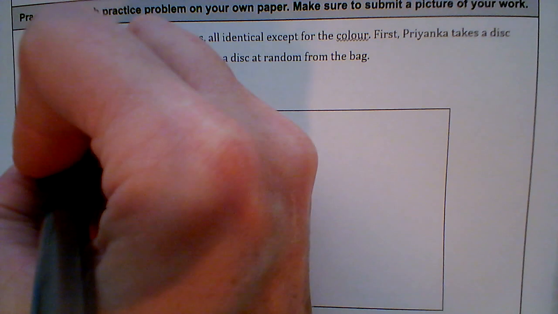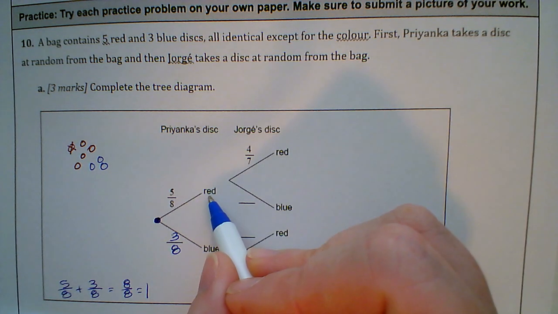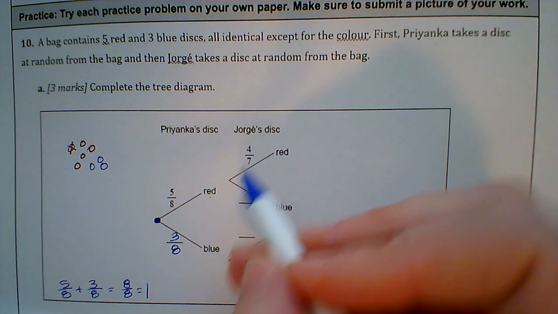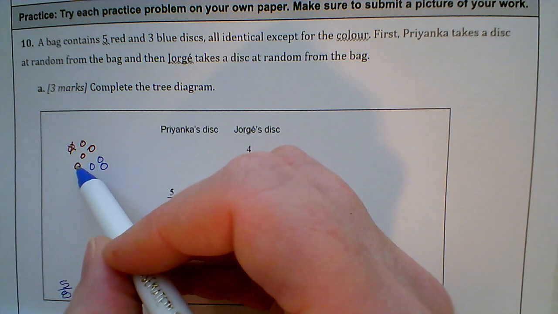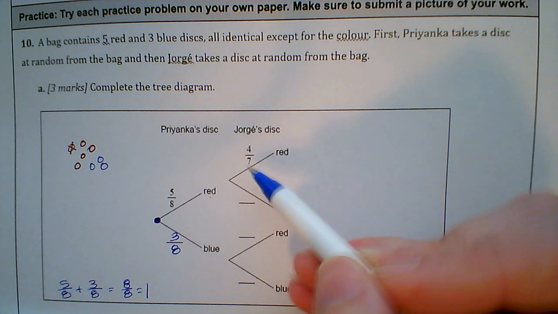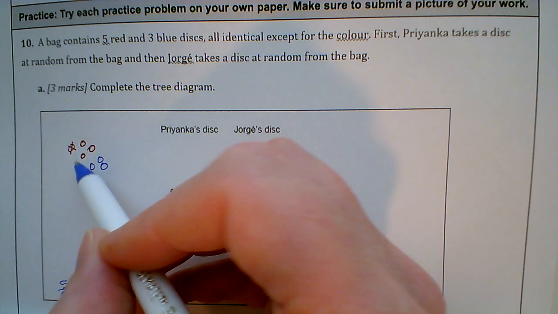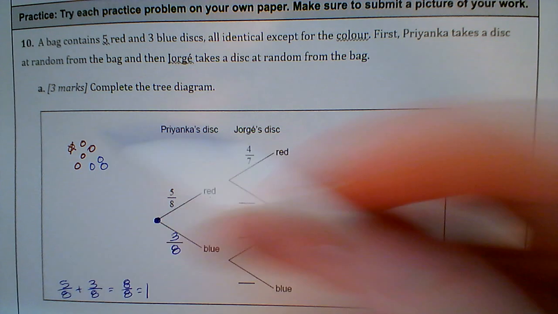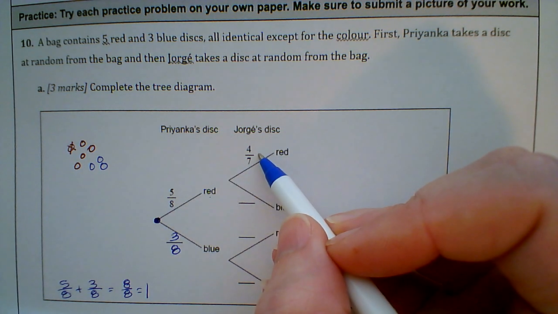Priyanka already took one of those red discs out. She's got this red disc sitting in her hand. Okay, how many red discs are left? Notice there are 4 red discs left, 1, 2, 3, 4. And how many total discs are there in the bag now? 1, 2, 3, 4, 5, 6, 7 total discs. So that's why Jorge's probability is now 4 out of 7.